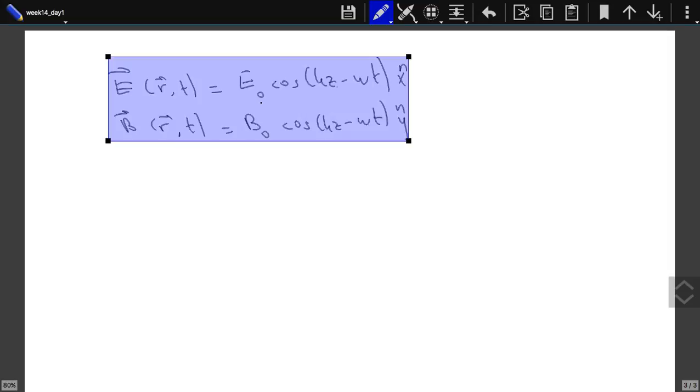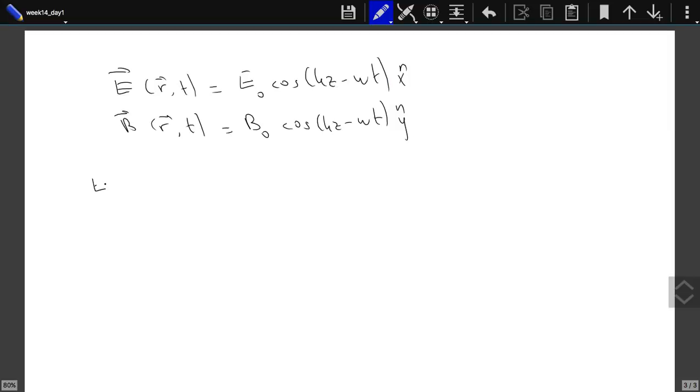Now let's consider what the electric field lines are, for example, corresponding to this electric field at a given time. What is the direction of the electric field? It's always in the x direction, wherever you go.